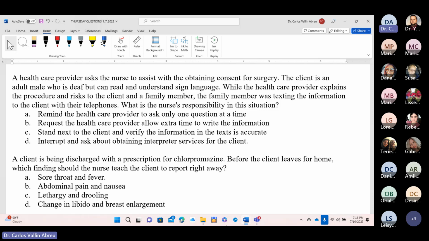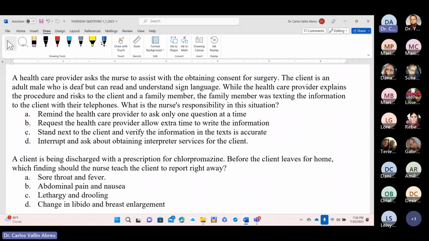The healthcare provider explains the procedure and risks to the client and a family member. So there is another person there, a family member. The family member was texting the information to the client on their phones. Funny, no? What is the nurse's responsibility in this situation?